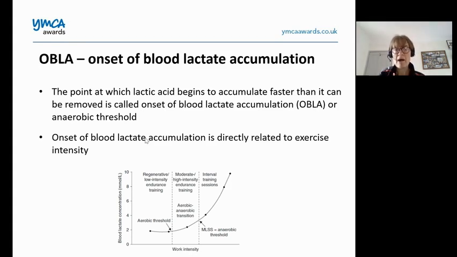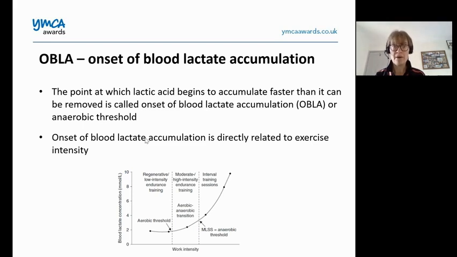Now, I'd mentioned how the amount of lactic acid in the blood increases, and you might have heard of the term OBLA, which is the onset of blood lactate accumulation. This is your anaerobic threshold, which you reach in exercise when you're producing more lactic acid than your body can clear from your blood.